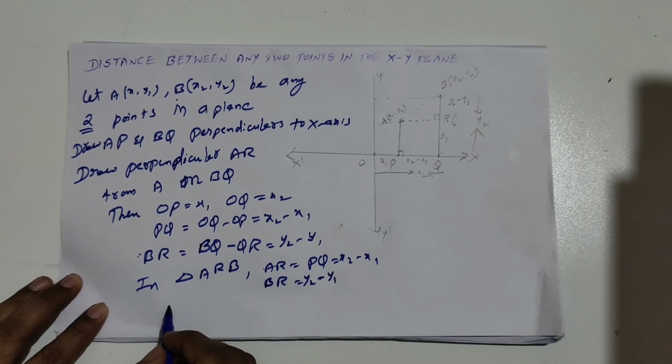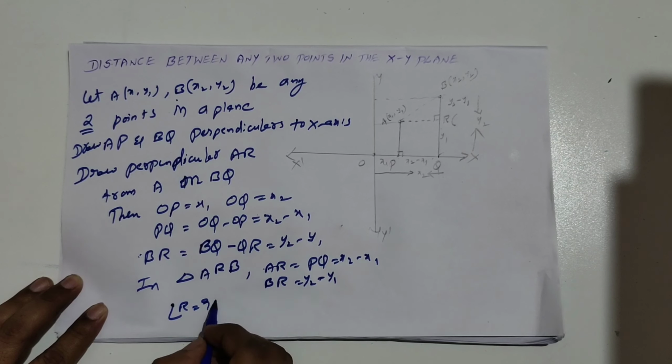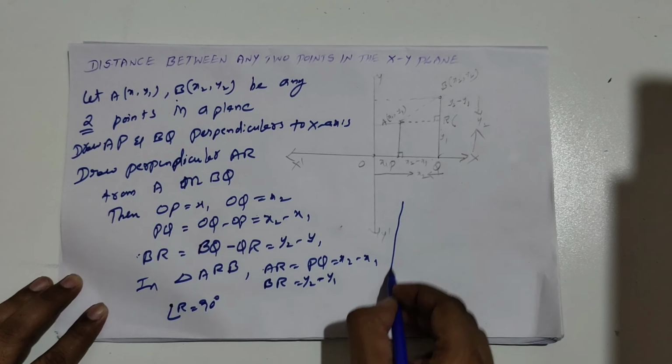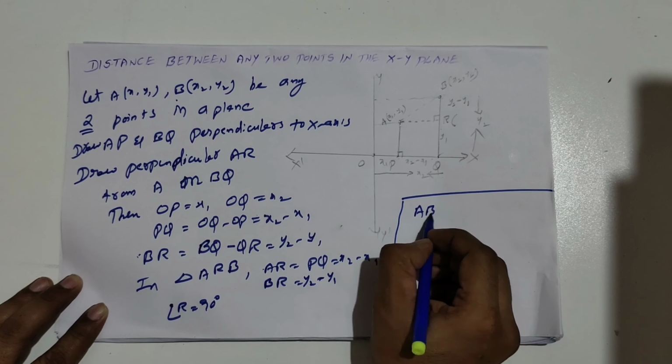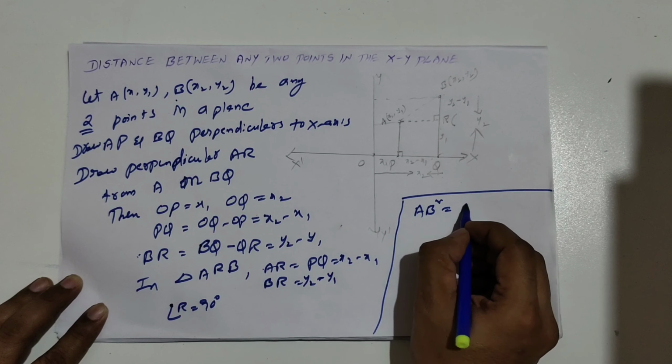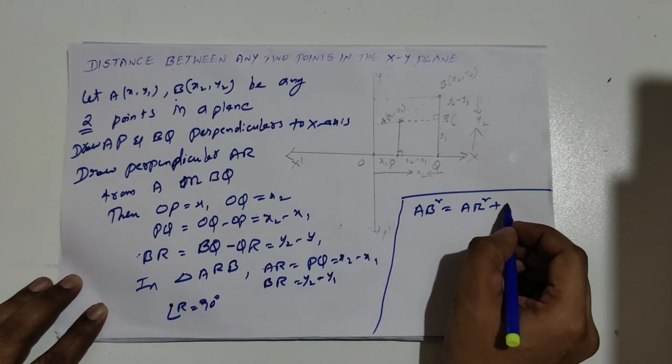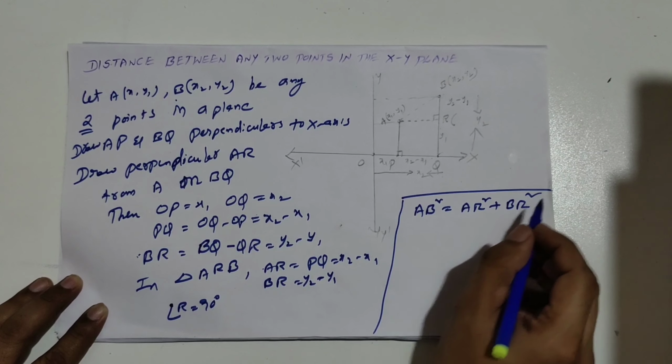Now actually at R we have 90 degrees. So by applying Pythagoras theorem we can write AB square is equal to AR square plus BR square.